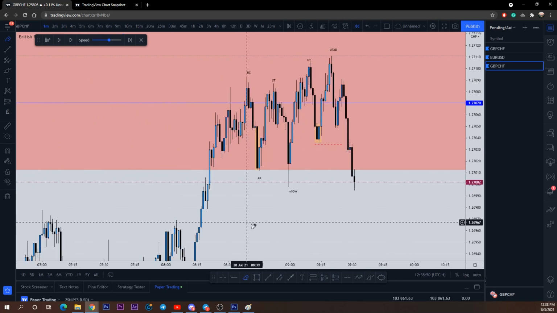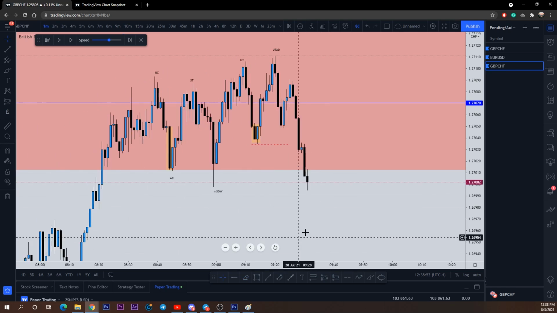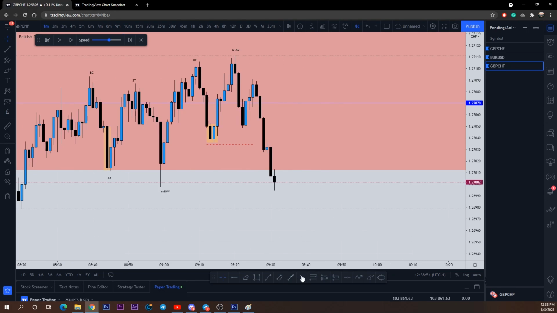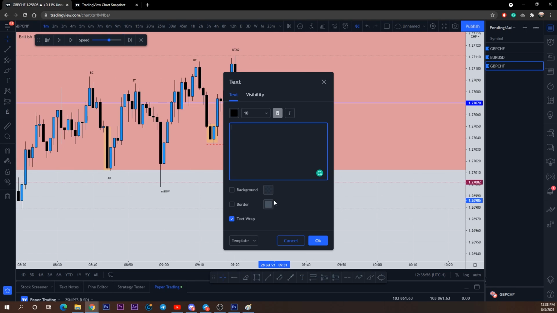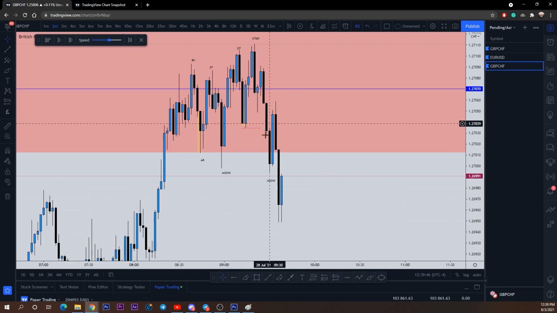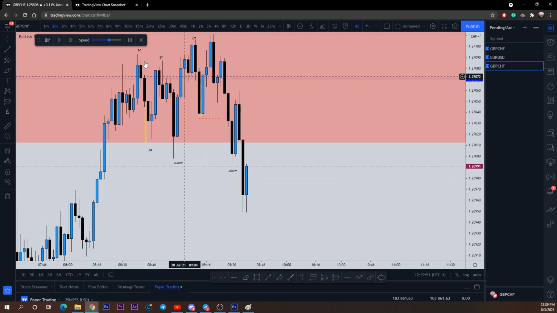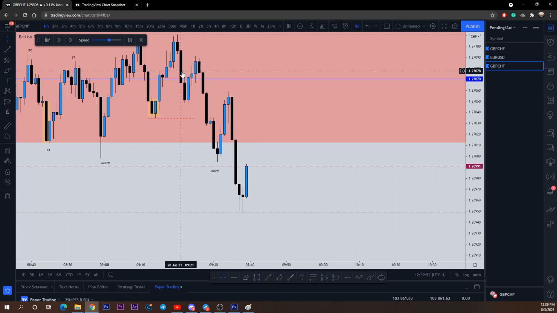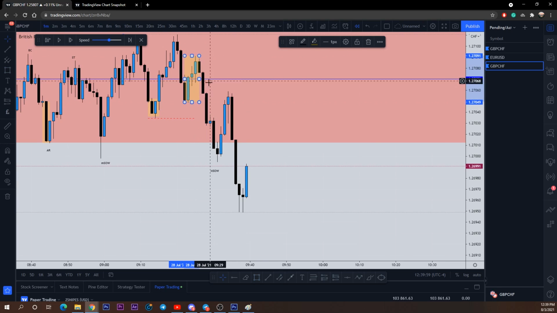And there you go. Now what we have is our major sign of weakness. One thing I noticed here was this right here. This is the next area to look at, because after the market came up and reacted off of this, we reacted off of this buy to sell.